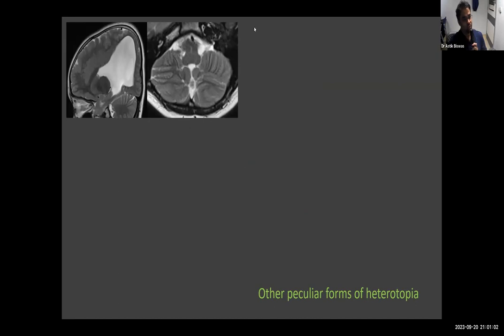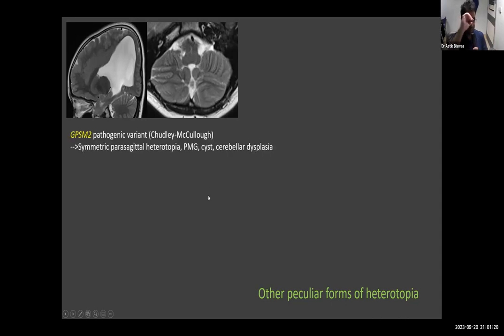Infratentorially, the cerebellar hemispheres show extreme disfoliation. And this constellation of findings of cerebellar disfoliation, parasagittal band heterotopia with overlying polymicrogyria and ventriculomegaly is quite suggestive of Chudley-McCullough syndrome, which is due to GPSM2 mutations.